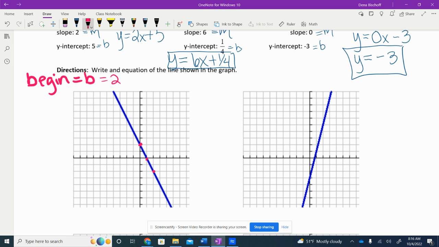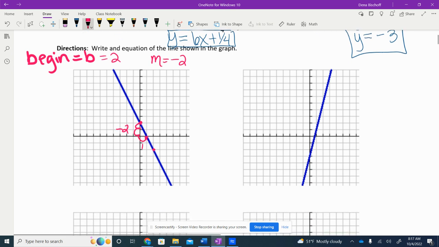Is it -1/2? Down 2 over 1. What is my slope? Yeah, it's -2. Remember, your slope is your rise, your up or your down, over your run, and we always run to the right. So the equation for this is y equals -2x plus 2.